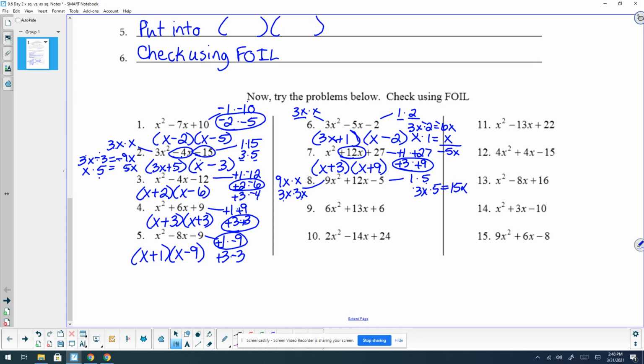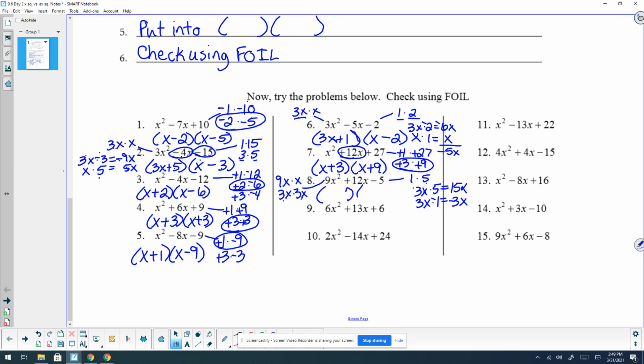It means I have to multiply 3x times 1, which is 3x. Well, how can 15x and 3x get me to 12x? One of my numbers has to be negative. That's how I get to a negative in the back here. Well, that would be a +15 and a -3, meaning this 1 has to be negative.